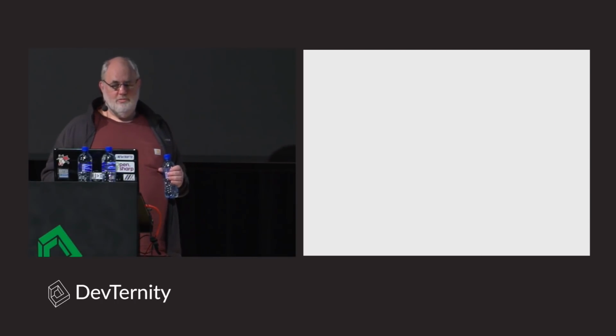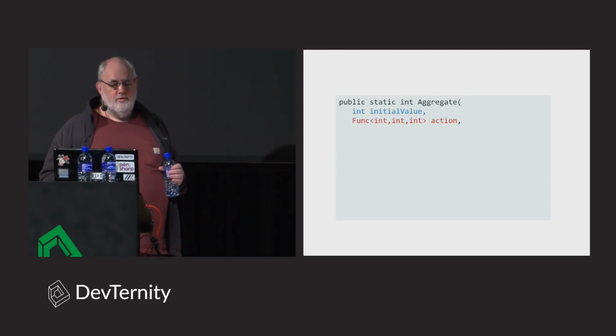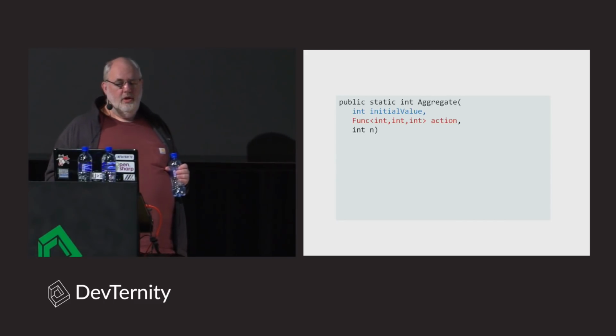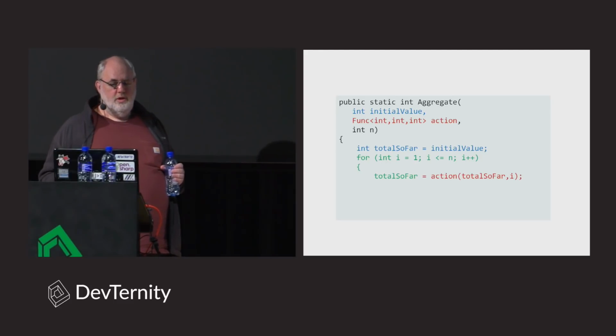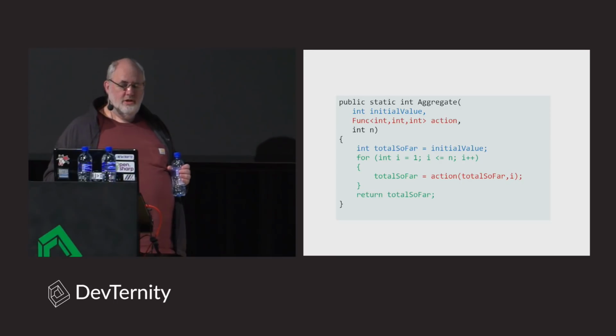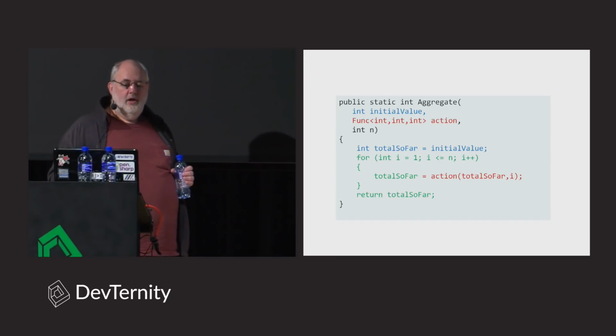So after parameterization, we now have a function which has an extra couple of parameters. One is the initial value, and one is the action that you take each time through the loop. And then the code is now much more generic. We have the initial value, we have the action, and we return this. So this is now completely generic code. And what's cool about this is when we use this to define product and sum, we're now much more focused on what's special about these functions.